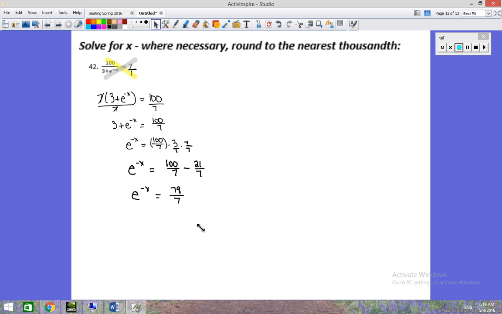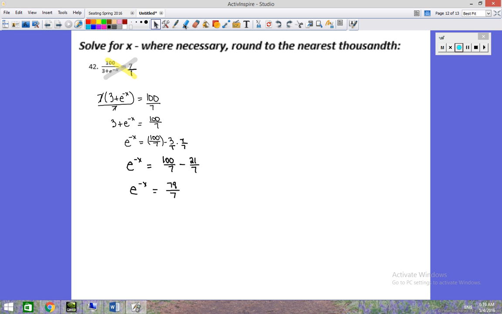since this base is e, we'll take the natural log of both sides. The natural log of e to the negative x is equal to the natural log of my fraction. And since this is base e, to what power is e to the negative x? Well, that's negative x.